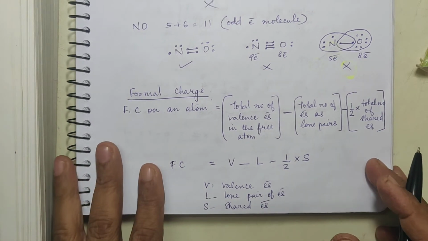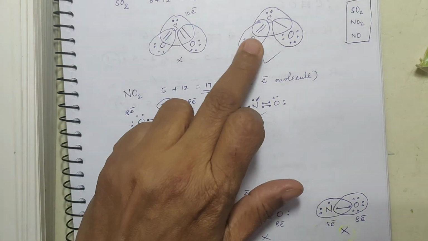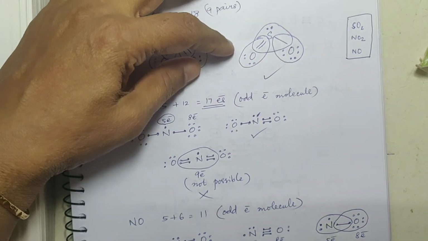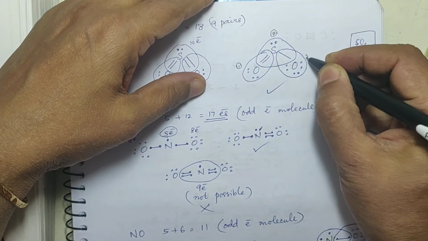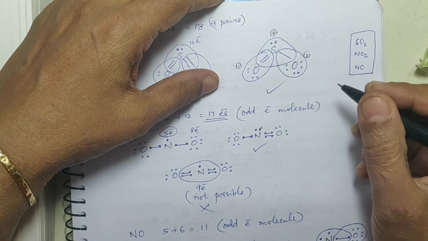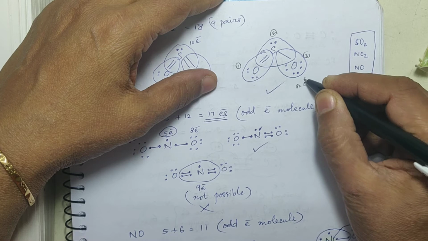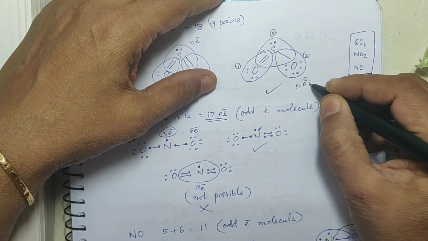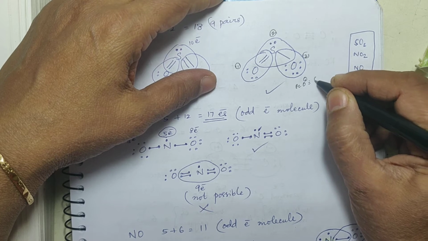So now, say for example, you want to show for this sulfur dioxide. Supposing you want to show on this atom, I am numbering it as 1, this as 2 and this as 3. Right? So on this oxygen, if you want to find out the formal charge on oxygen 1, what is this equal to? This is equal to valence electrons on the free atom is 6.